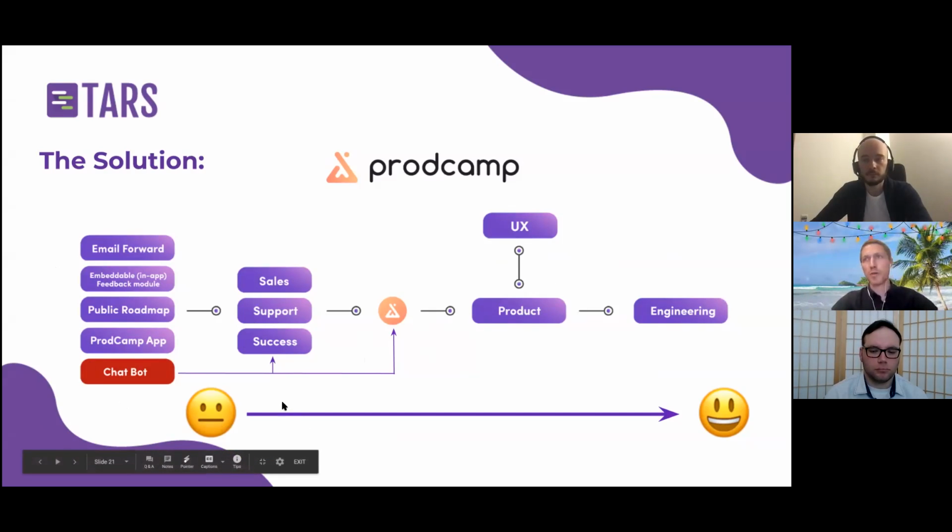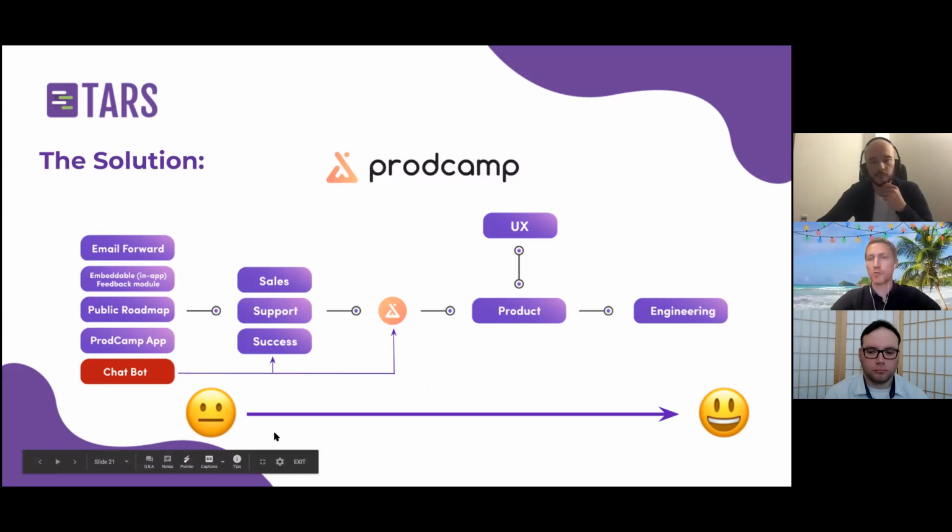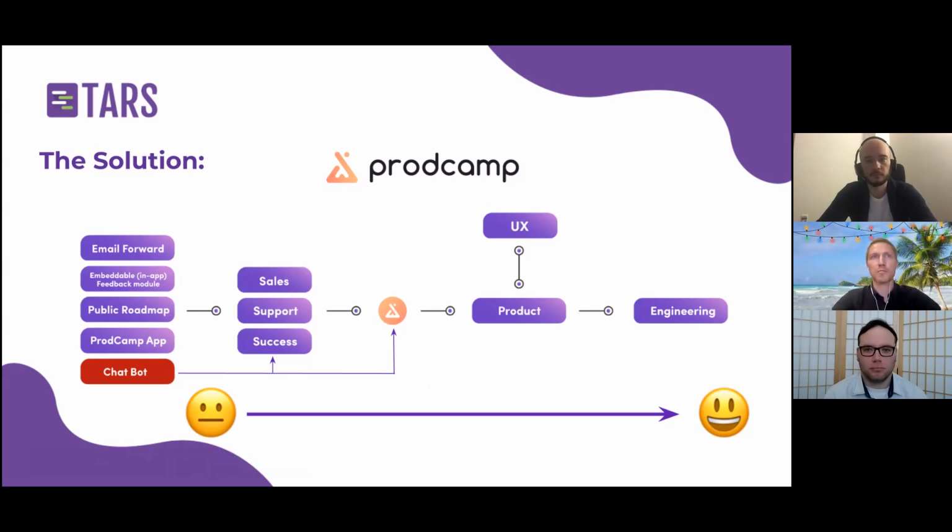And along this way, as your engineering team gets the feature to develop, and once they develop it, customers become happier because you focus on what's needed and what will actually resolve problems.